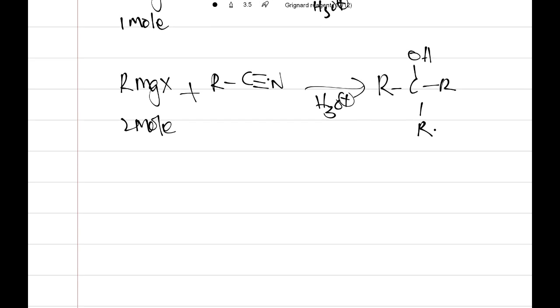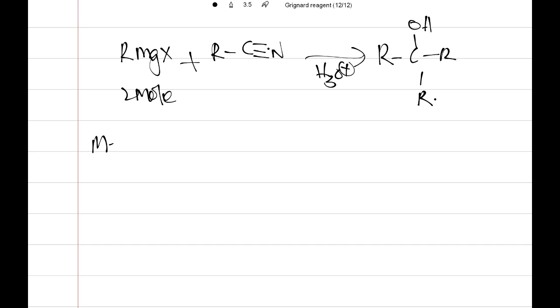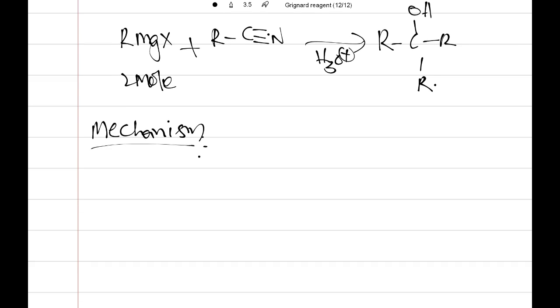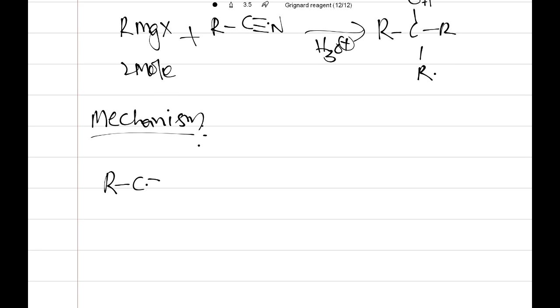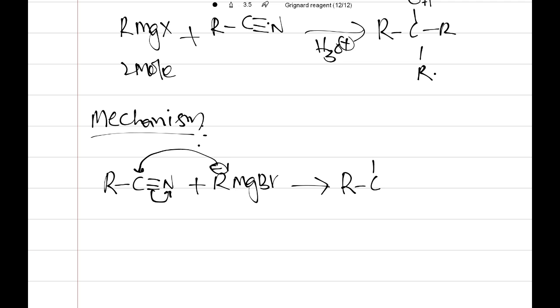If you observe this mechanism, RC triple bond N, when this reacts with R dash MgBr, this attaches to the electrophilic carbon like this way. Now electrons are shifted towards nitrogen. Now we can get RCR dash double bond N minus and MgBr.